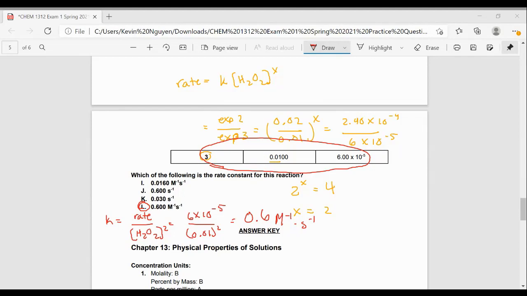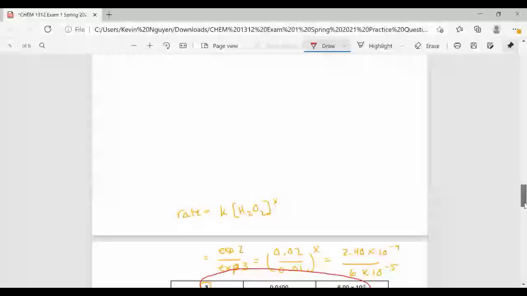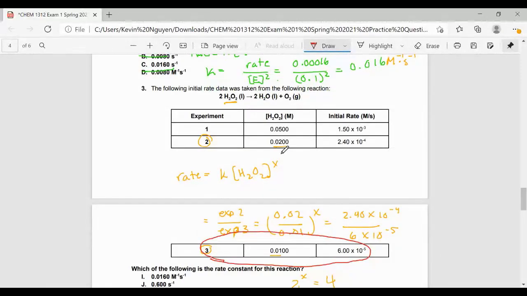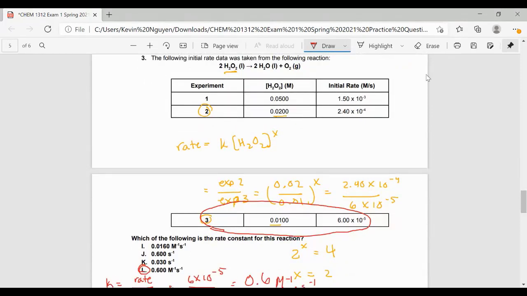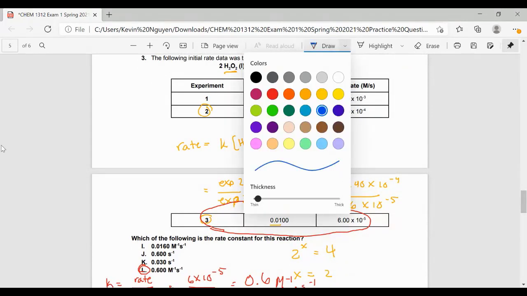You get a different answer if you use 1 and 2. Oh, is that right? Okay. Let me go ahead and look at the problem here. 1 and 2. Okay. Let me see here. What's going on with 1 and 2? Let me choose a different color.